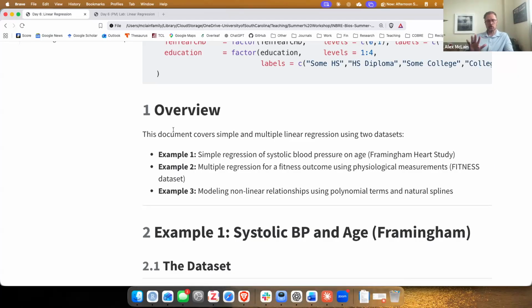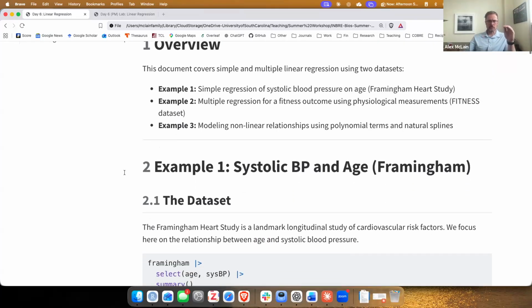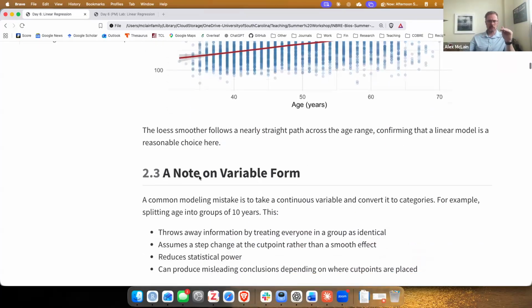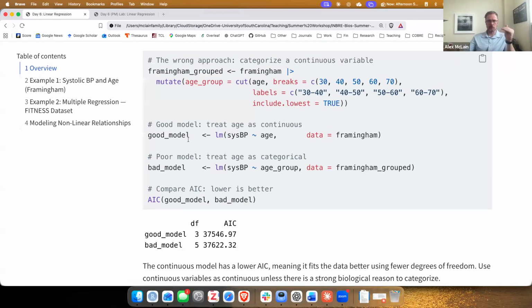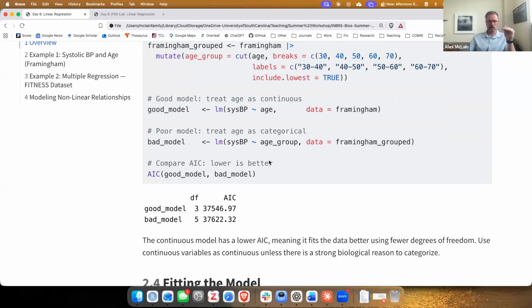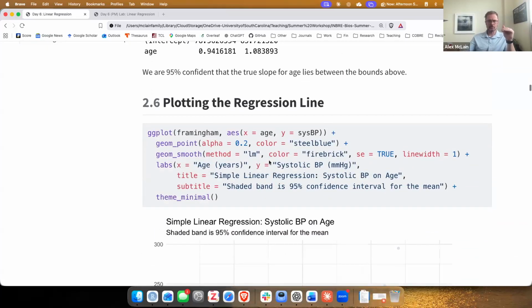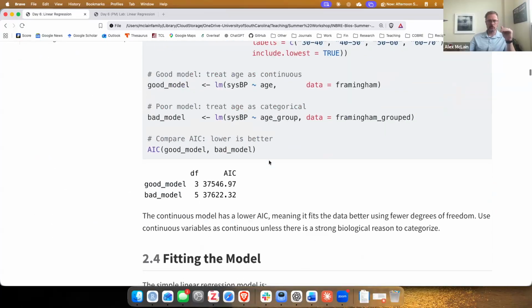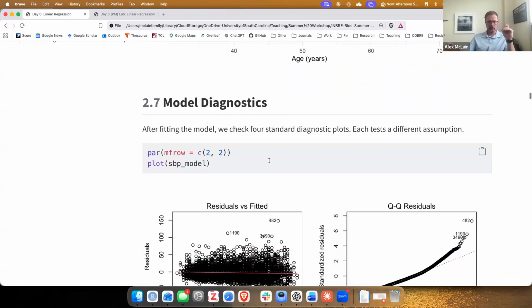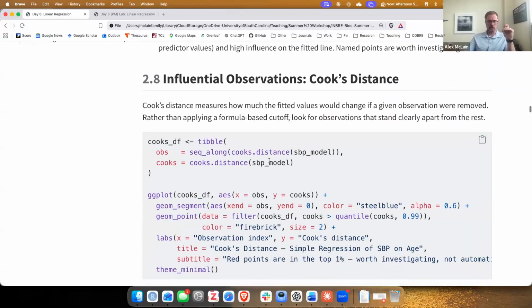So the exercises we're going to focus on are just going to be on the topics that we went over in the morning section. In example 1, systolic blood pressure and age, we really went over all of this except for the part where we were comparing two different ways to put age in the model. We went over everything except section 2.3 in this first part.